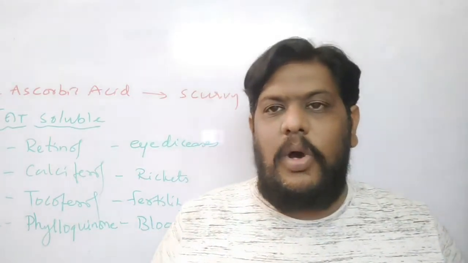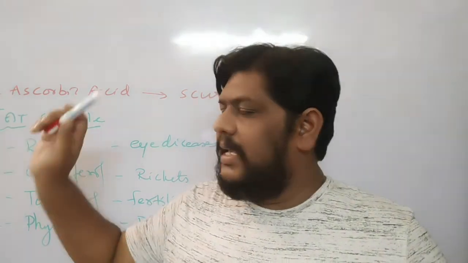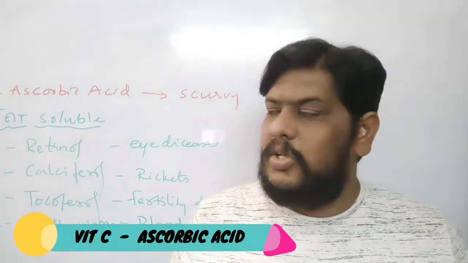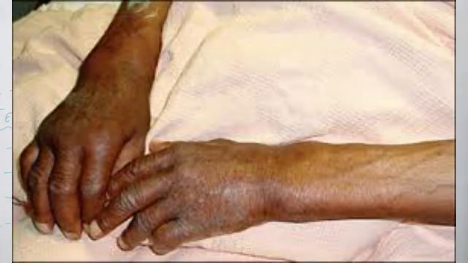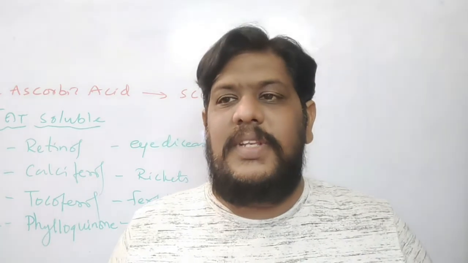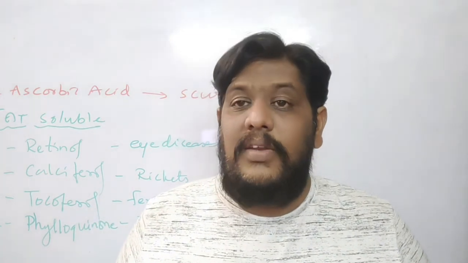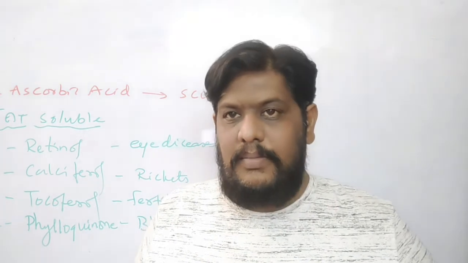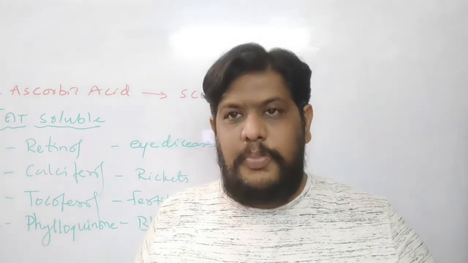The next water soluble vitamin is C. Vitamin C is also called ascorbic acid. The sources of ascorbic acid are green leafy vegetables, citrus fruits like lemon, and fruits and also sprouts.